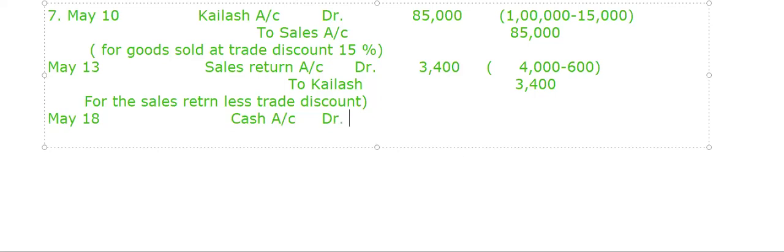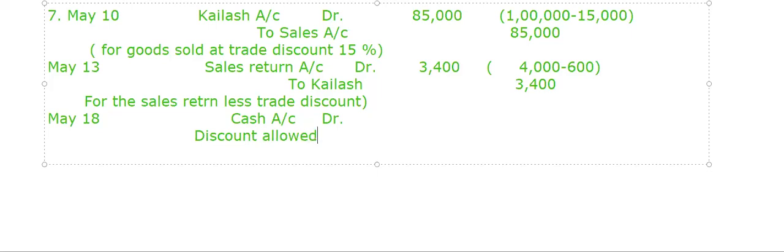And when we are receiving the cash, not in full settlement, here a cash discount is specifically given. So at the time of receiving the payment, we are allowing the cash discount. So discount allowed account debit, because discount allowed will become an expense for the business. Cash account debit, discount allowed account debit.